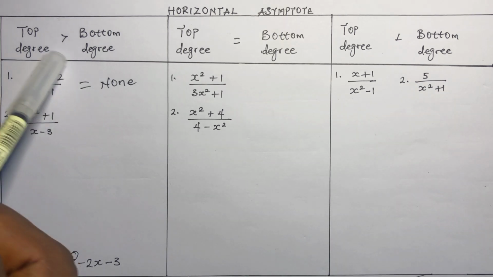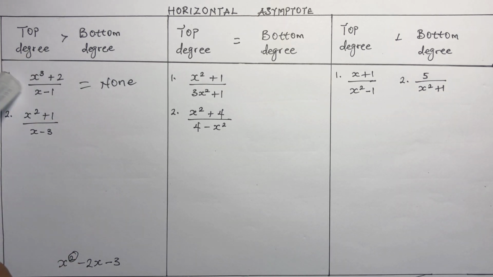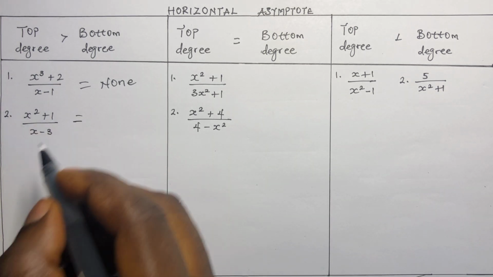But you can find what we call the slant or the oblique asymptote, but that will be a discussion in our next video.